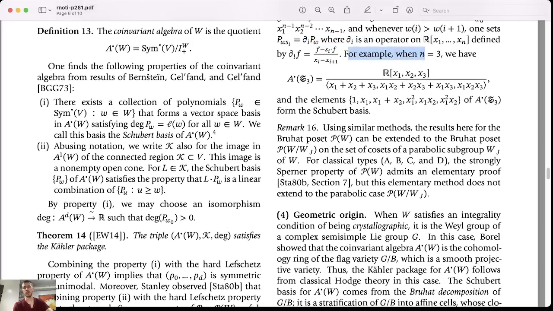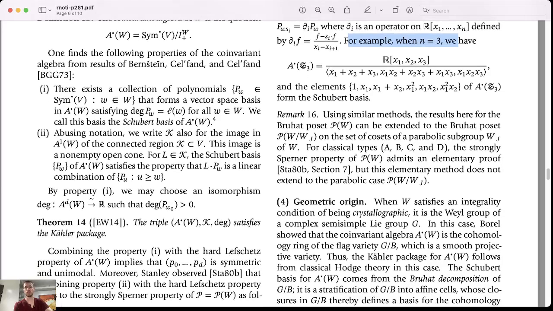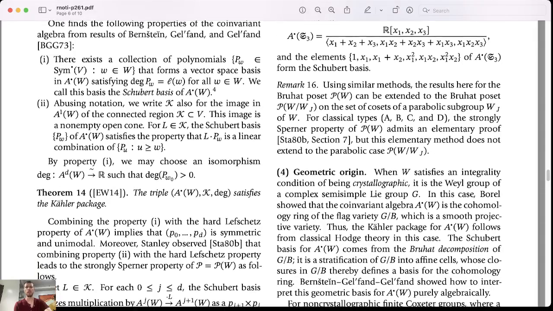Anyway, for example, when n equals 3, we have A of the symmetric group on 3 characters equals R[x1, x2, x3] modulo the ideal generated by x1 plus x2 plus x3, x1x2 plus x2x3 plus x1x3, and x1x2x3, and the elements 1, x1, x1 plus x2, x1 squared, x1x2, x1 squared x2 of A form the Schubert basis.